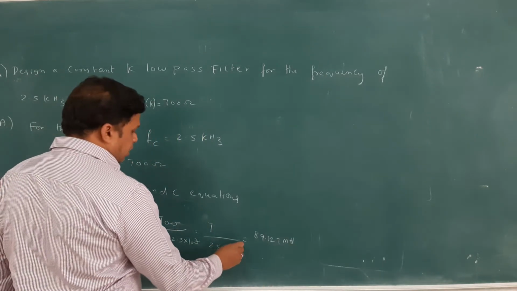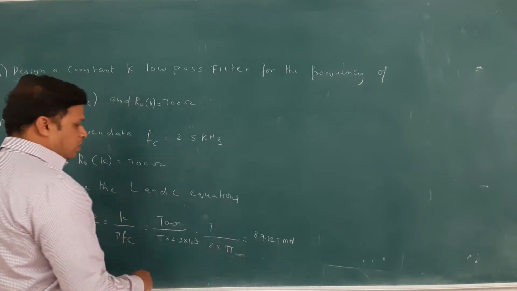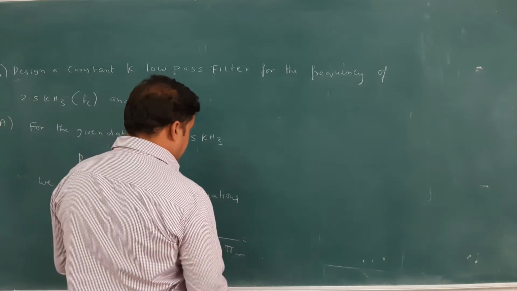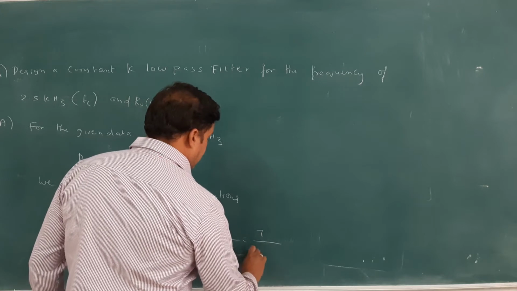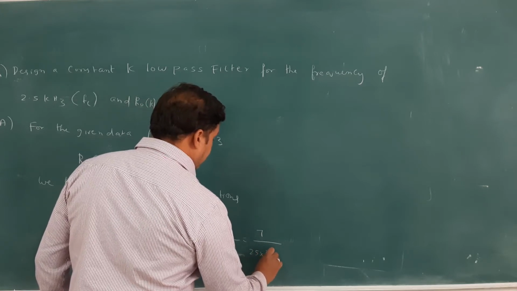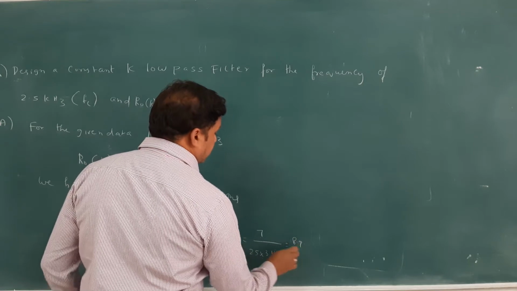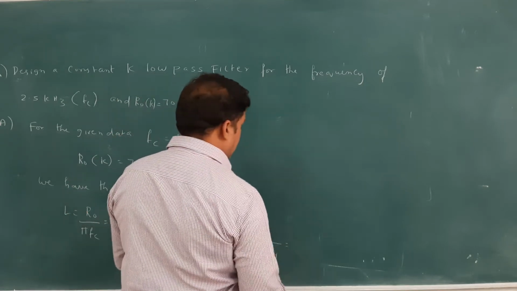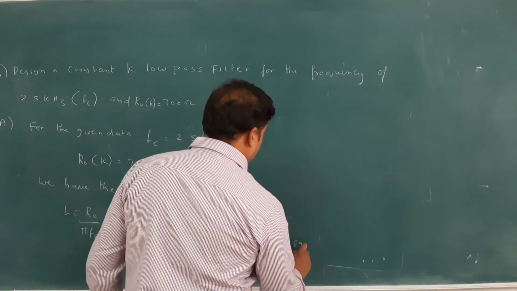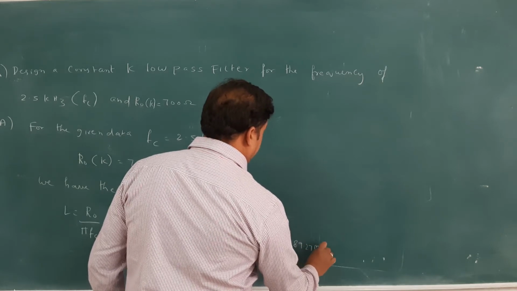So here what is pi? Pi is 3.14. 7 by 25 into 3.14 is equal to 89.27 millihenry.